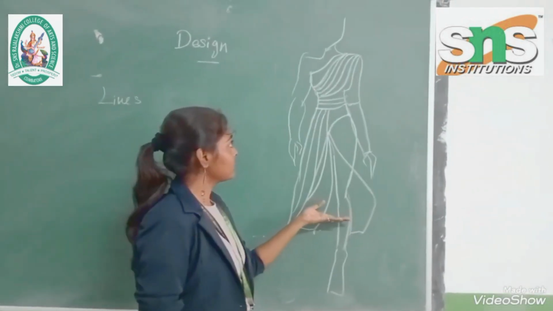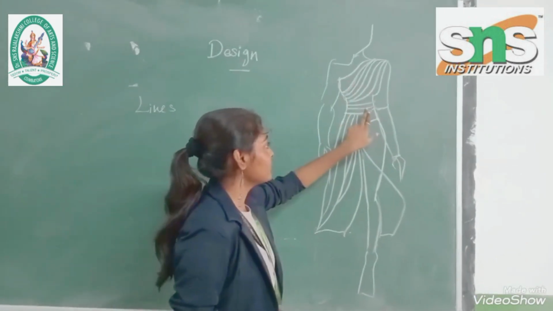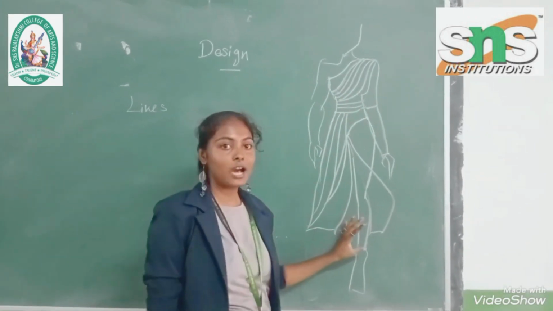In this design, I used diagonal lines, vertical lines, and horizontal lines to create a garden look.